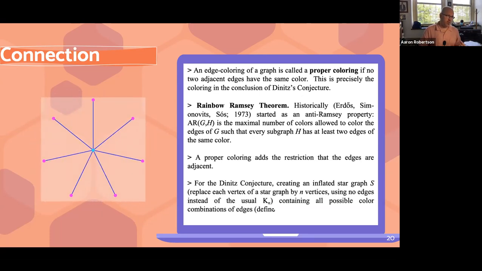But if you think of this, and I don't know, this has probably been done somewhere, if we take the star graph, which looks like this over here, and inflate it so that each of the vertices gets n independent vertices, what we're looking for is a proper coloring rainbow K sub n,n.